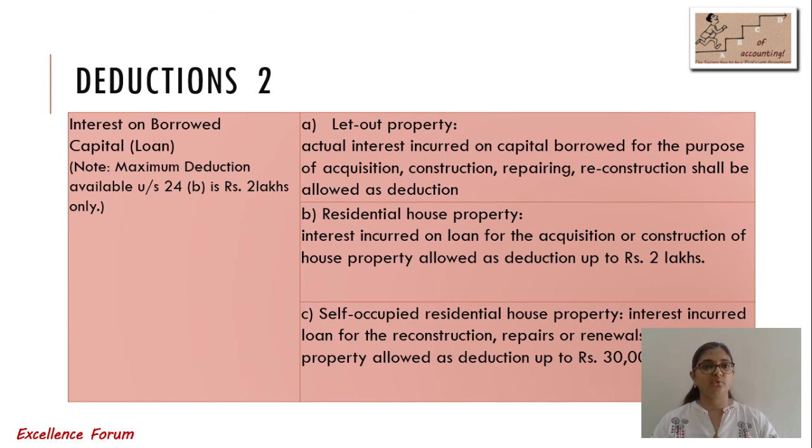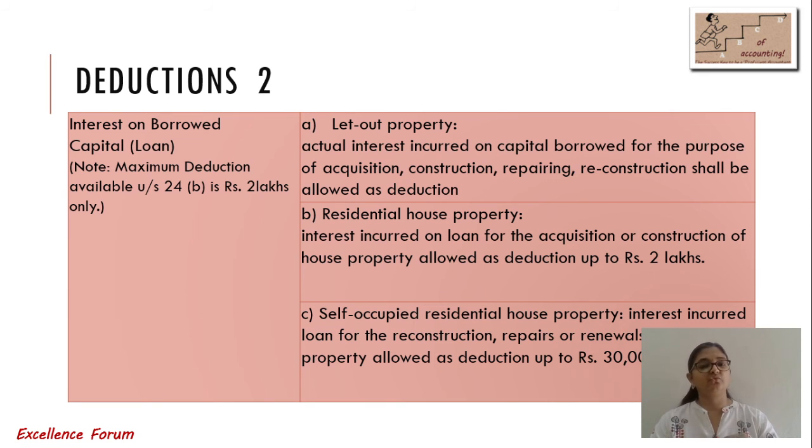And the third important deduction is interest on borrowed capital. In case of a let out house property, the actual interest incurred on capital borrowed for either acquisition, construction, repairing, or reconstruction of that property is allowed as a deduction.